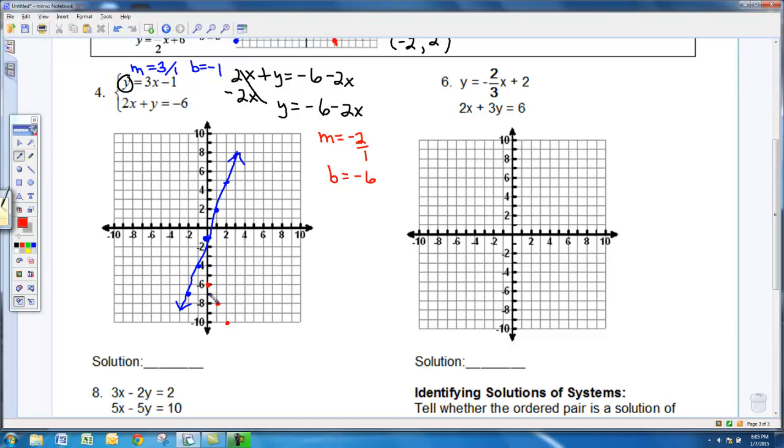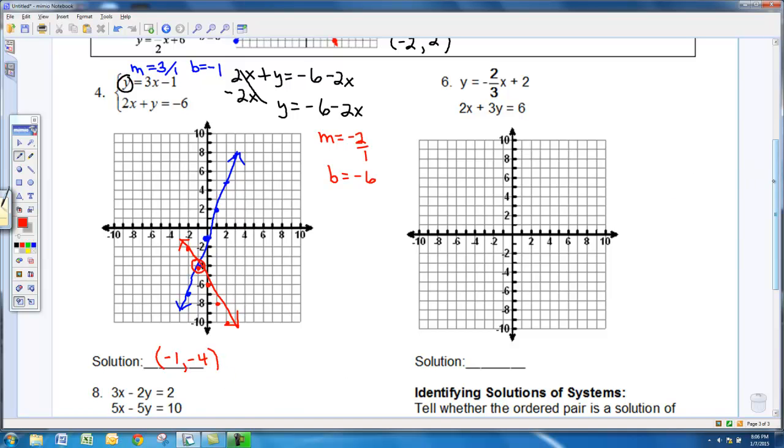So we're moving down 2 and right 1, or up 2 and left 1. And we have discovered our intersection point, so we'll circle that. And we'll write the coordinates of the point of intersection. The coordinates are -1, -4.